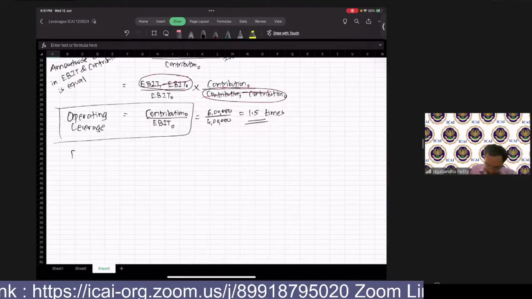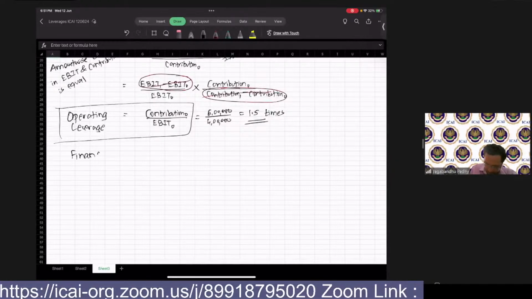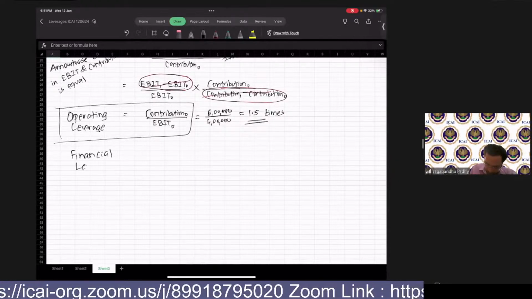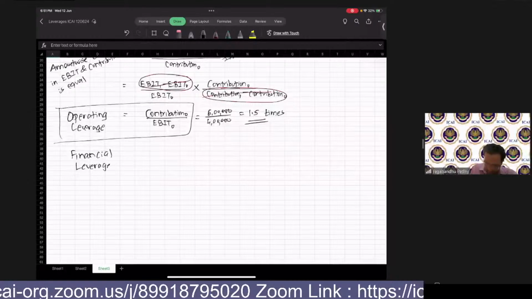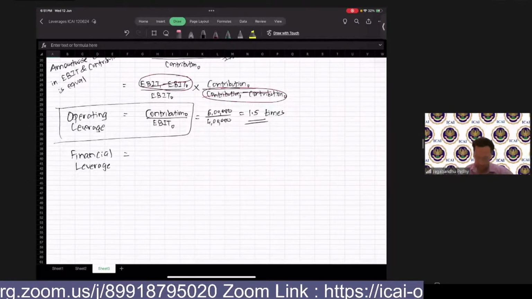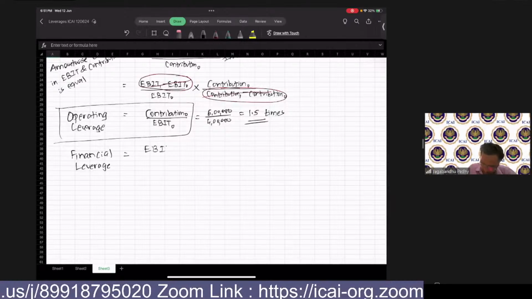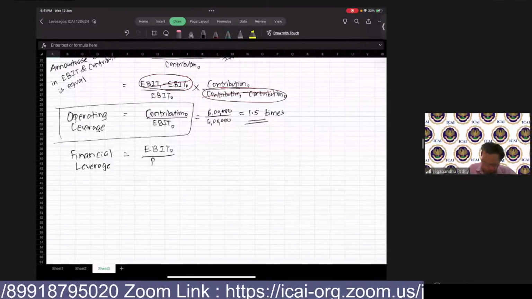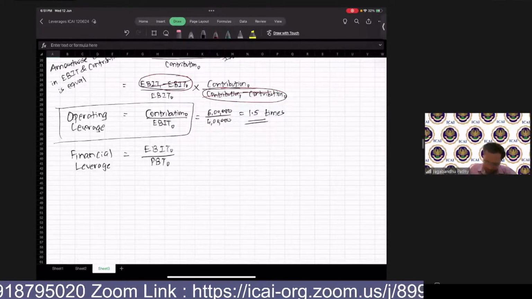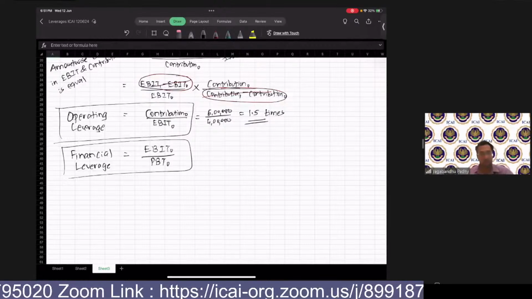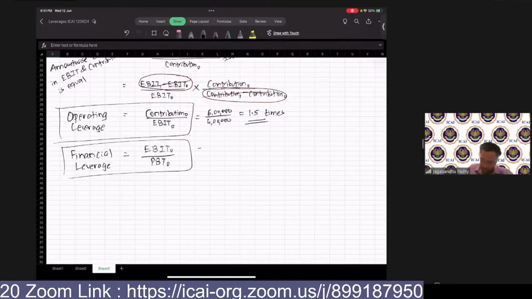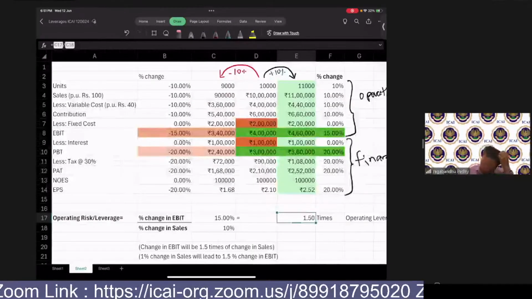As far as financial leverage is concerned, a similar formula is applicable: financial leverage is EBIT, earnings before interest and tax, upon profit before tax.